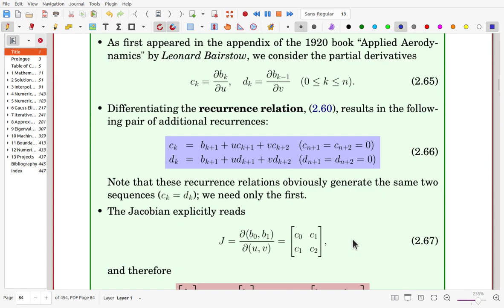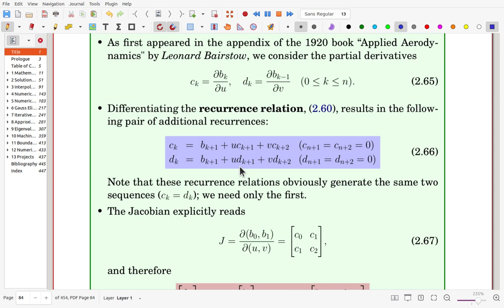We can see easily that c_{n+1} and c_{n+2}, and also d_{n+1} and d_{n+2}, are 0, and these two formulas are identical, except C is replaced by D, which means that the two sequences c_k and d_k are identical.